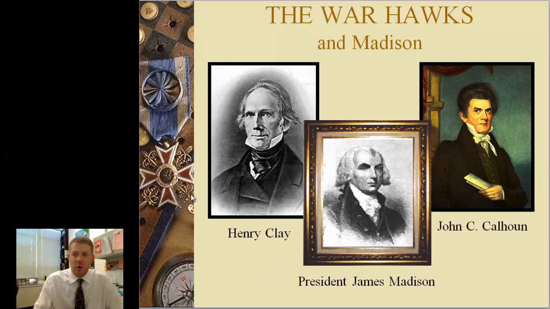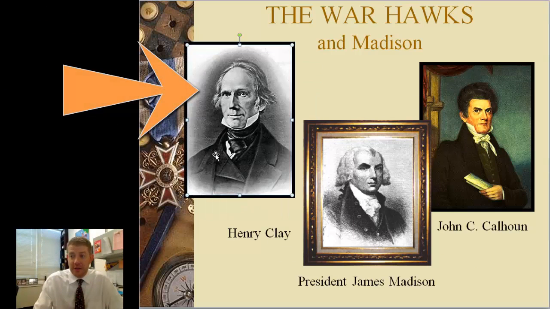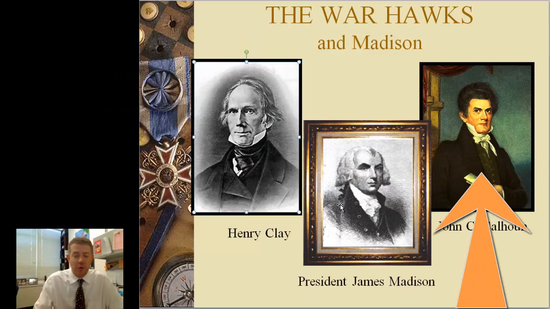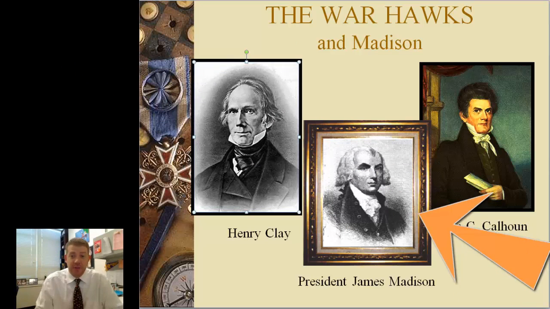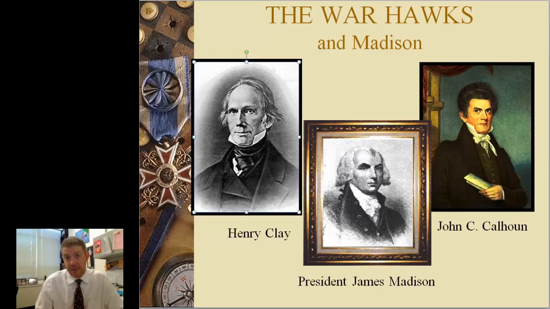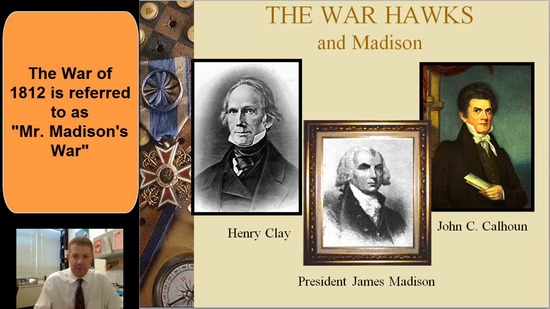The leading Warhawks: Henry Clay is a leading Warhawk, John C. Calhoun is a leading Warhawk, and James Madison is the President of the United States. And in late 1812 into 1813, the Warhawks convince President Madison to go to Congress and ask for war, and they are more than happy to give it to them.